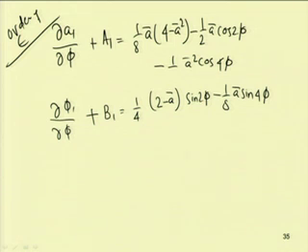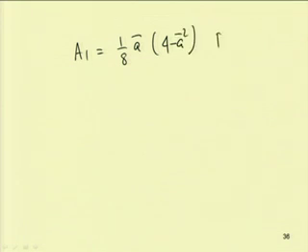Similarly, order of epsilon square also one can write. So, writing the order of epsilon square terms, one can find a1 will be equal to 1 by 8 a bar (4 minus a bar square). Similarly, b1 will be equal to 0.